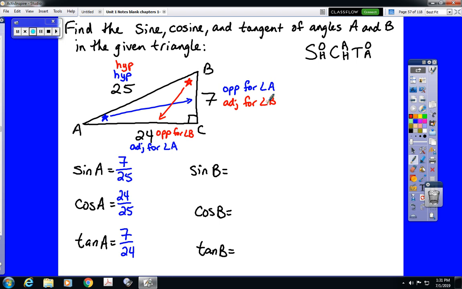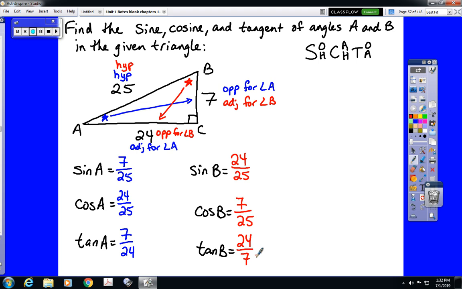So when we go to do Sohcahtoa, the sine of angle B would be opposite, 24, over hypotenuse, 25. The cosine of angle B would be adjacent, 7, over the hypotenuse, 25. And the tangent would be the opposite, 24, over the adjacent, 7, 24 over 7.